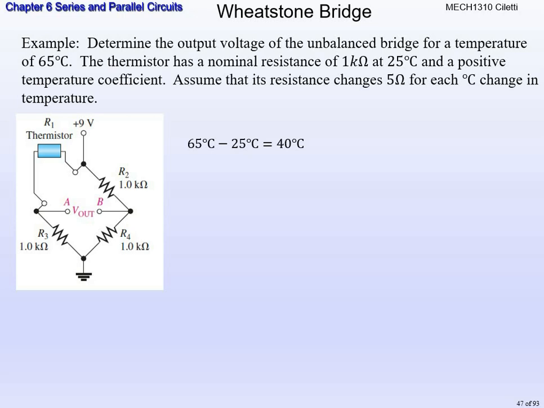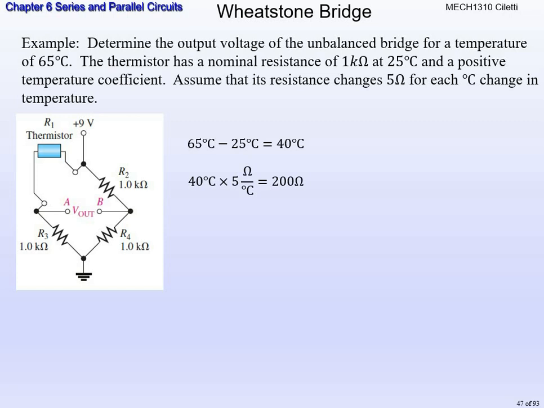So why do we need to do that? Because we have to find the new resistance. So since it's moved 40 degrees, and we know that we have 5 ohms of resistance for each degrees, we have to take 40 times 5. So 40 times 5 is 200. So we've increased 200 ohms.